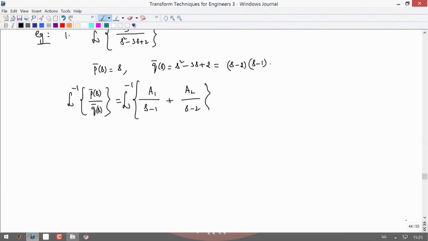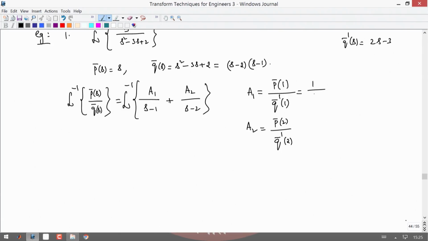So, without finding these partial fractions, I know exactly what a1 is. a1 is p bar at alpha 1 divided by q bar dash at 1. That is exactly your number a1. Similarly, a2 is p bar at 2 divided by q bar dash at 2. If you calculate this, p bar of s is s, so p bar of 1 is 1, divided by q bar dash of s, which is 2s minus 3.